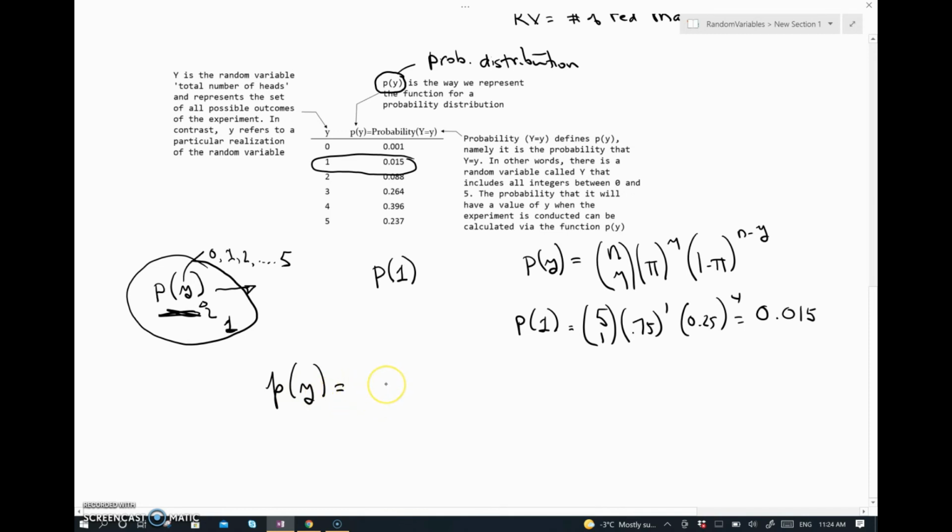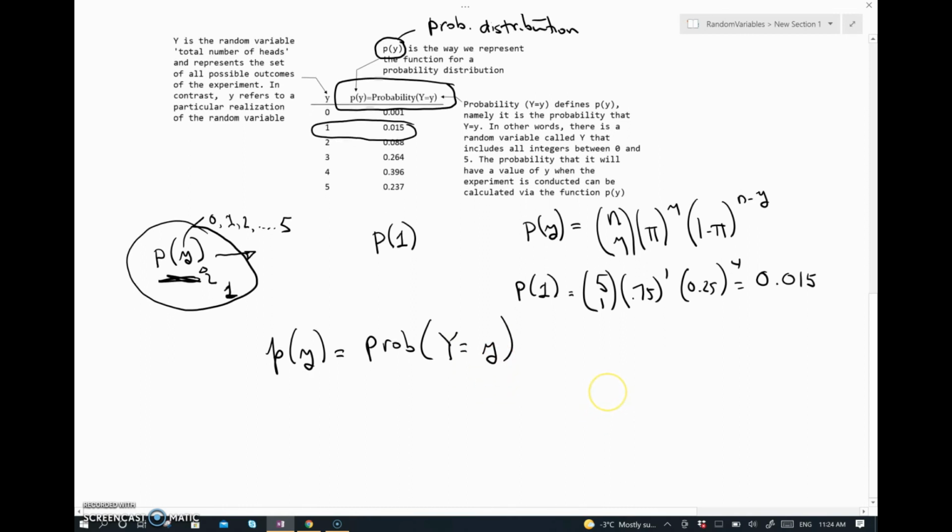P(y) is equal to the probability that Y is equal to y. This may look really confusing, but it's actually very important. Maybe to help a bit, let's put in some actual values. Let's consider P(1), the probability that Y is equal to 1, and that's equal to, as we've just calculated, 0.015.